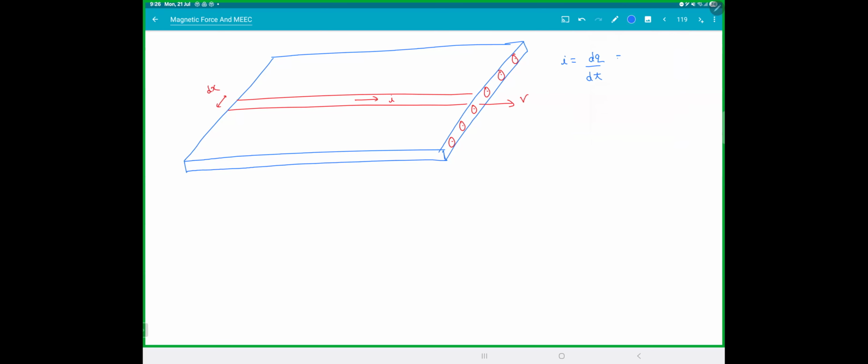So here this will be sigma, L is the length, L dx by dt. Now here, be careful. There's a catch. Dx by dt is not v. There's something I'm missing.